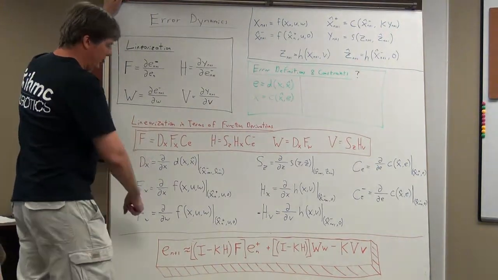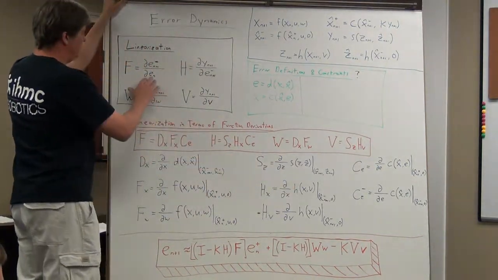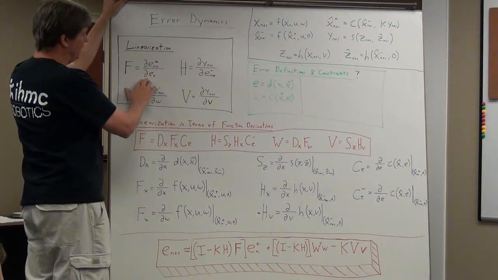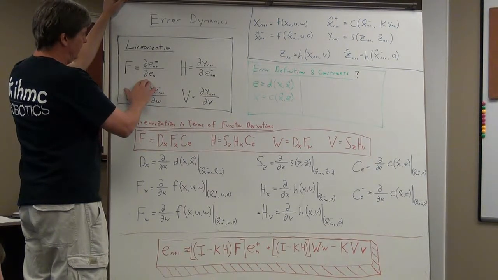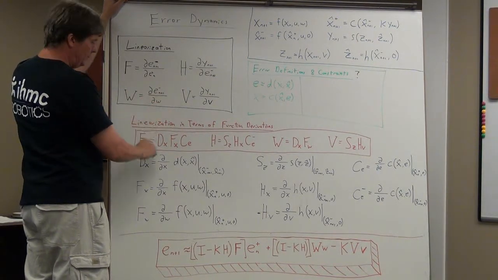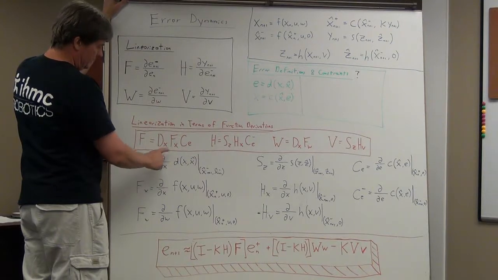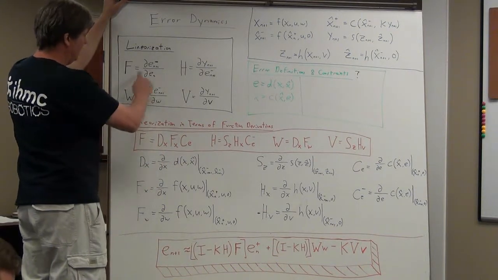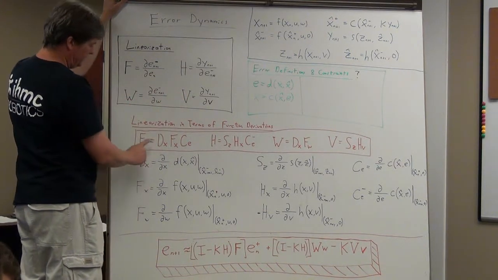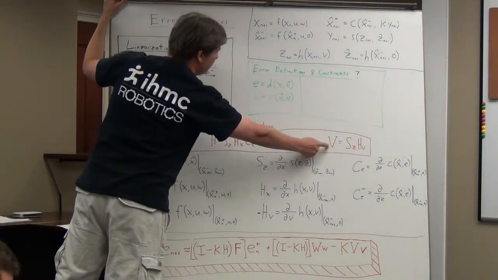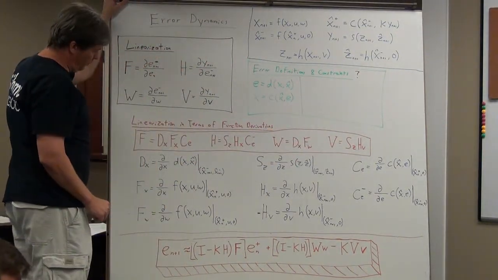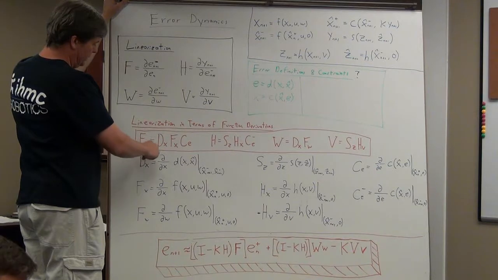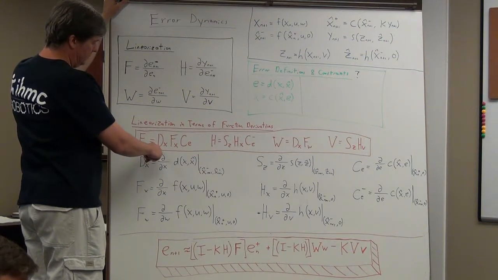Okay, so what I have here is if you don't want to do this whole derivative in one step, and want to take baby steps looking at each of the functions, then your F, H, W, and V matrices can be written out like this. Let's just look at the F one. So it's going to be D sub x.